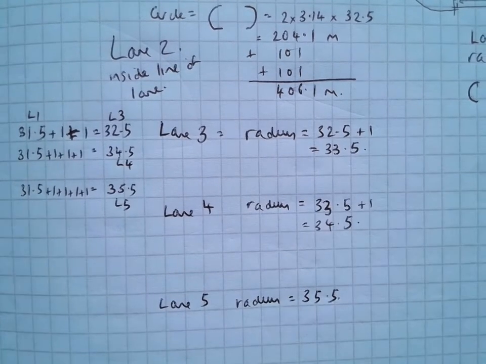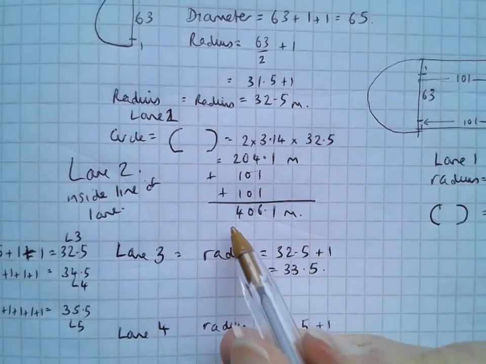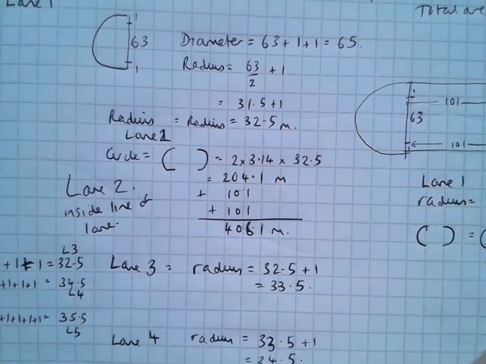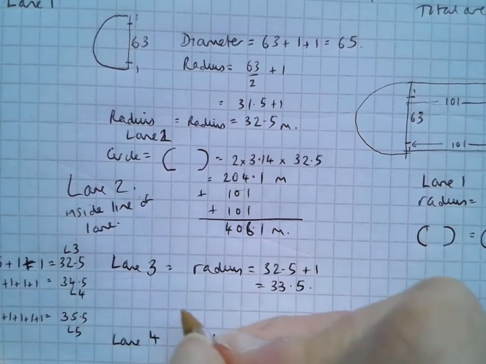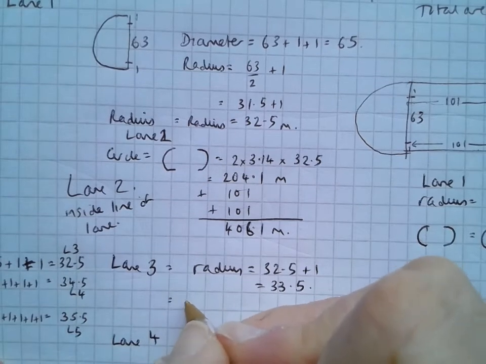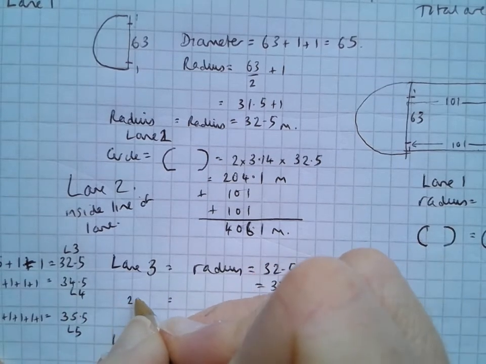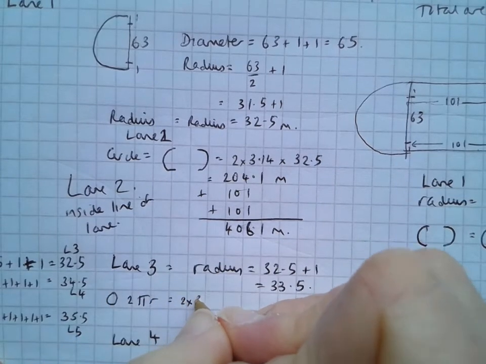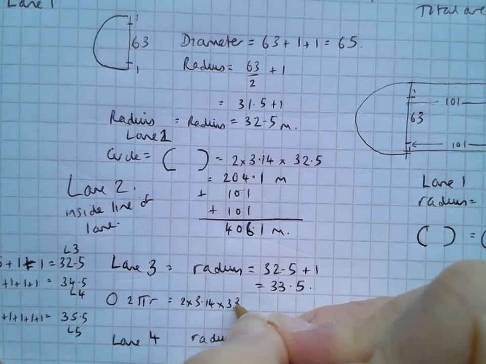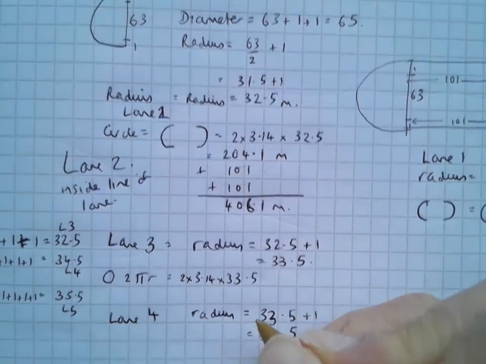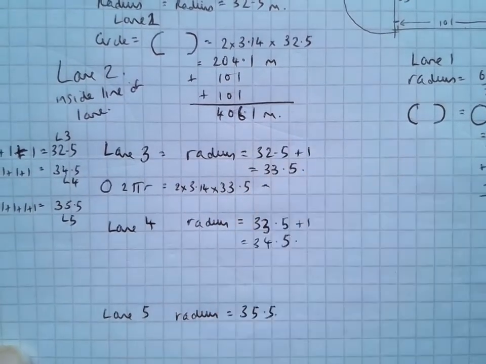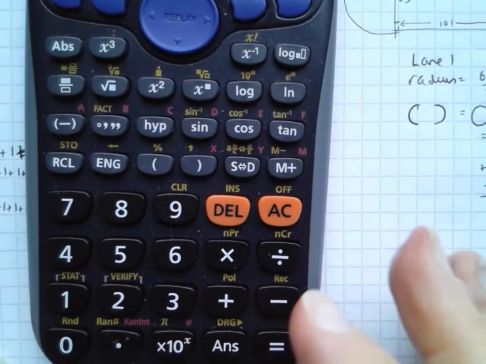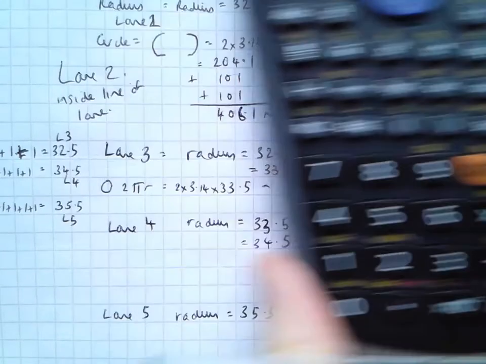So the length of lane 2 was 406.1 meters. The length of lane 3 is 2 pi r for the circle, which is 2 by 3.14 by 33.5, which equals 210.38.